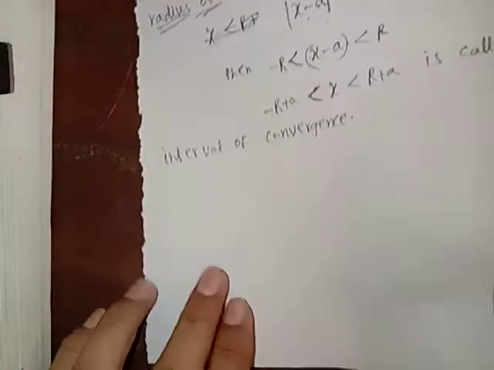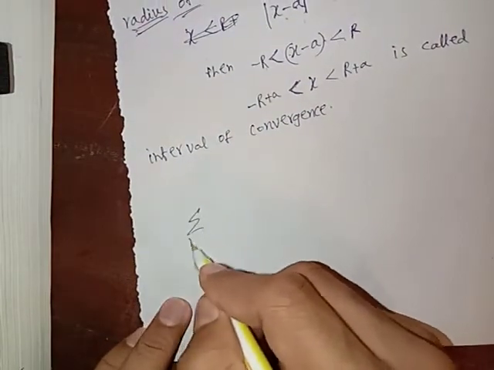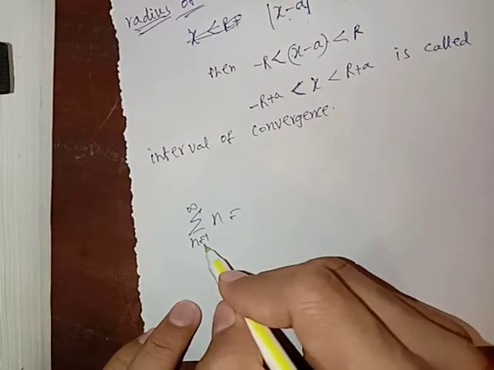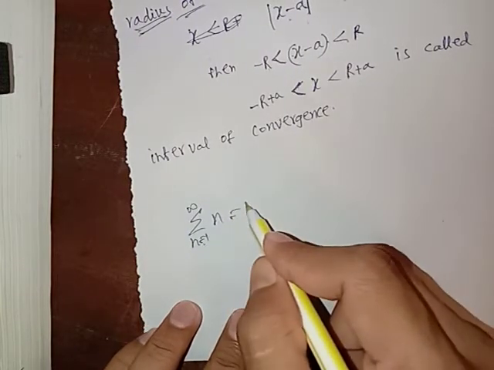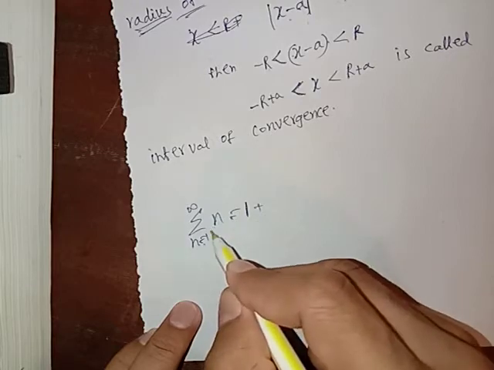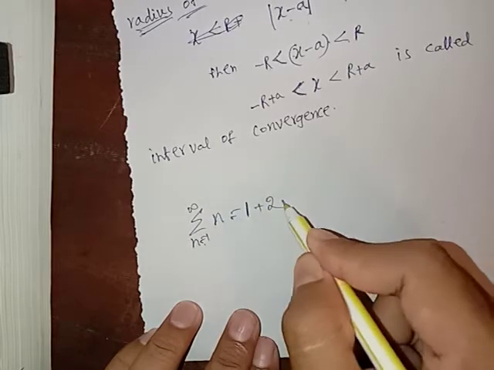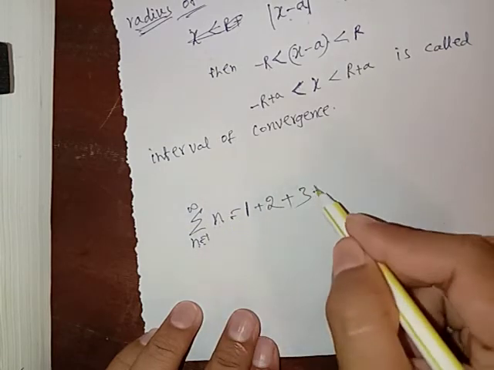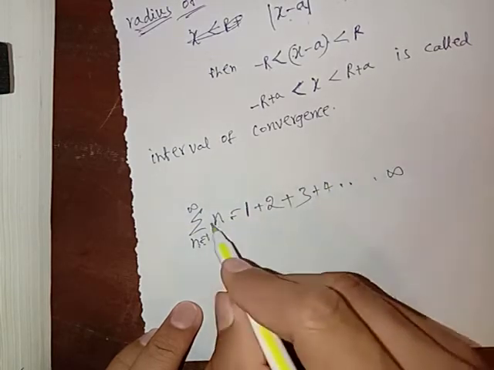For example, what is a series? For example, the sum from n equal to 1 to infinity of n. What does this mean? At n equal to 1, this is 1. At n equal to 2, this is 2. At n equal to 3, this is 3. At n equal to 4, this is 4, up to infinity, summation.